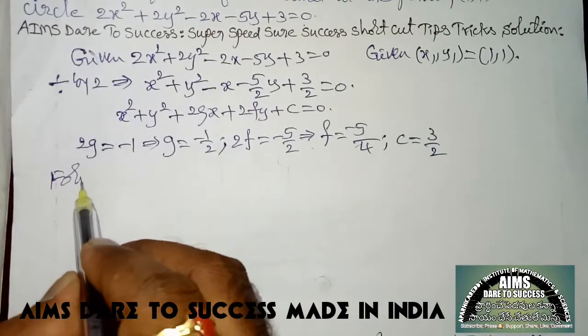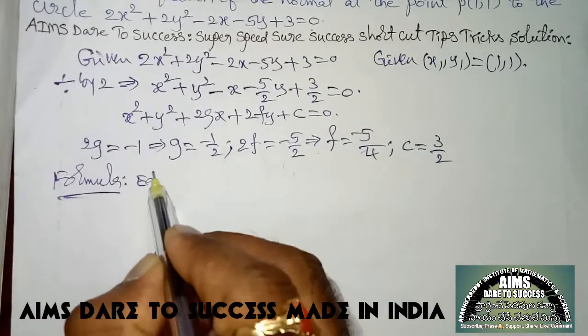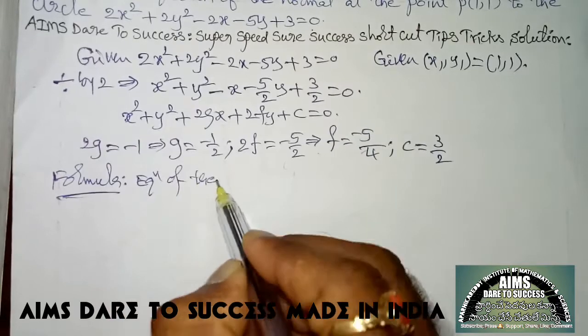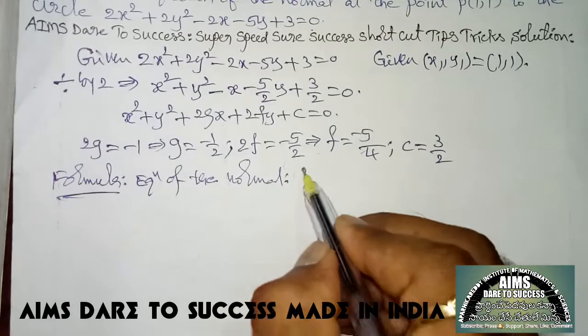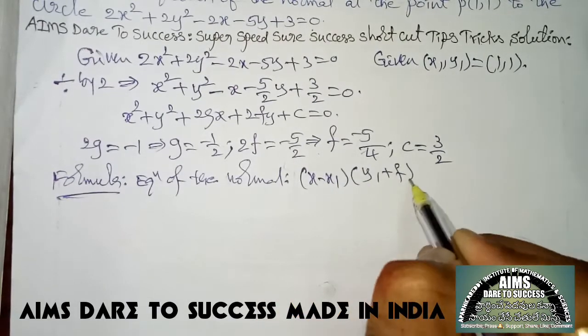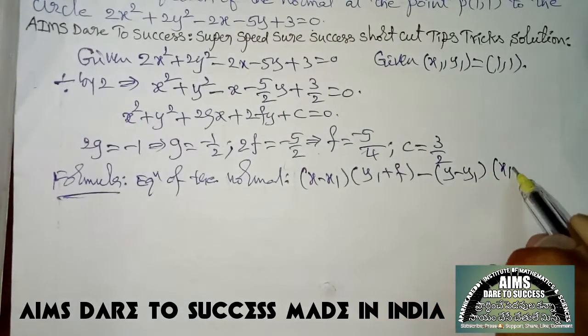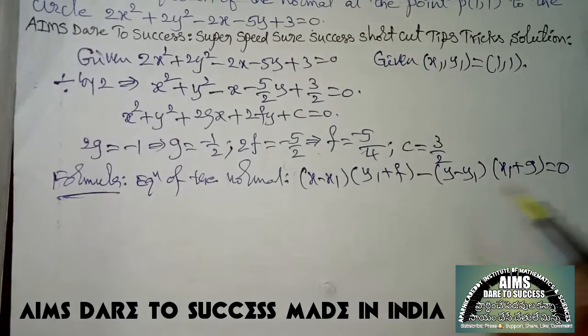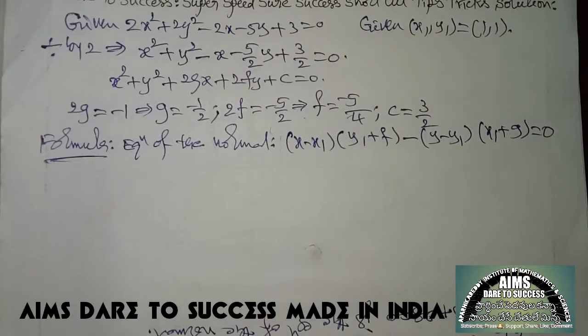Now I wanted to write a simple and sweet short formula. The equation of the normal is (x − x1)(y1 + f) − (y − y1)(x1 + g) = 0. Now I wanted to substitute the given values.